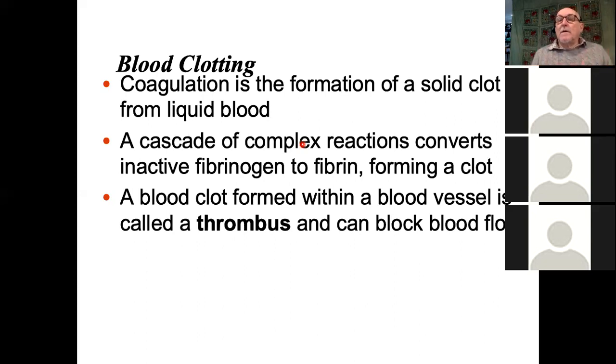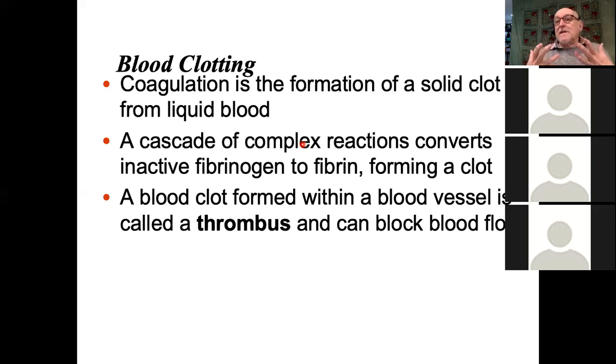So, for example, the formation of clots in the coronary arteries is what produces a heart attack. It prevents the flow of oxygen to the blood and tissue, and the muscle begins to die.